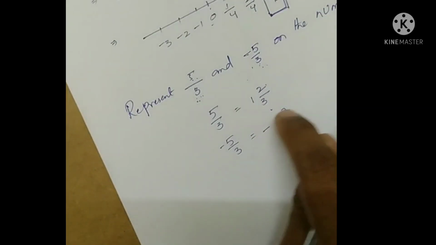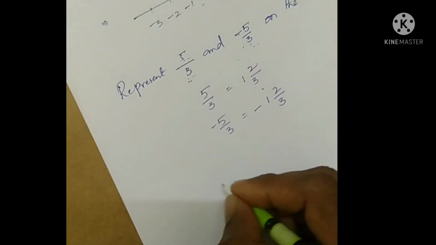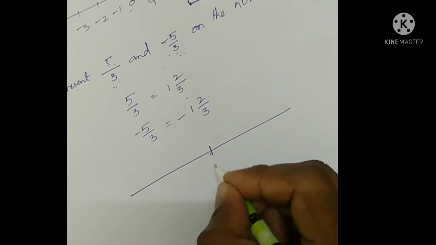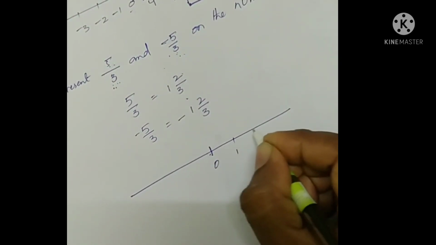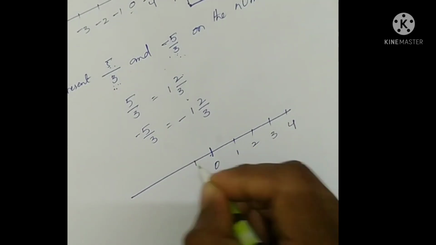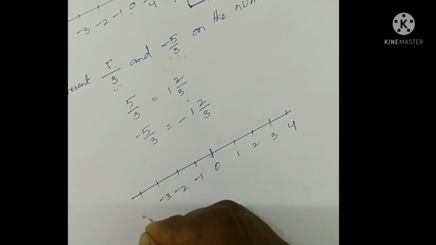So let's identify these two mixed fractions on the number line. So here 0, 1, 2, 3, 4 and here -1, -2, -3, -4.